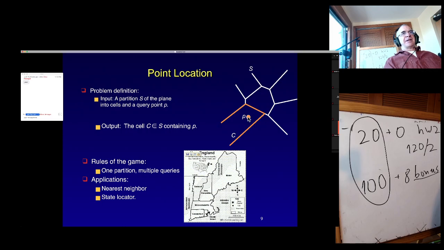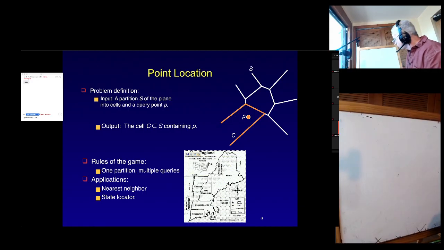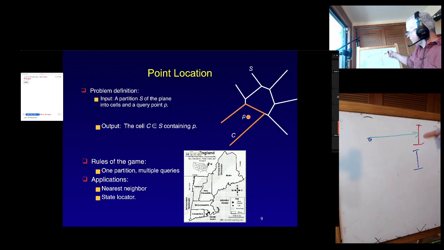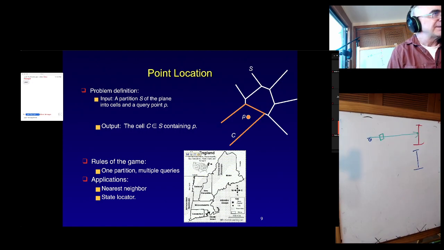In graphics, it might be that P is actually the result of a ray shooting, where you want to ask what color I need to render a pixel that corresponds to a ray that just hits the wall at P. If my ray hits a red object, then based on where the point is, I can say this object is red, which means the corresponding pixel for this ray should be rendered as red.